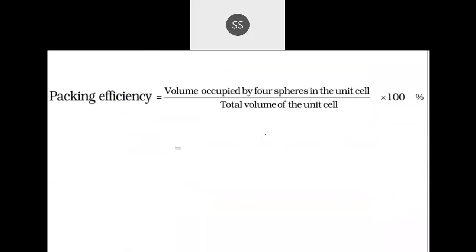Then you can substitute these two values. So that will be 16 by 3 pi r cube, divided by this 2 root 2 r, the whole cube, which you have seen comes out as 16 root 2 r cube. So I can substitute here.